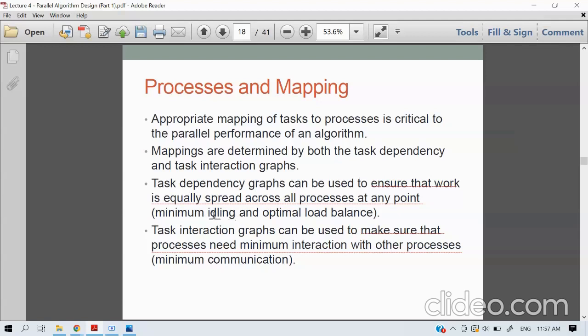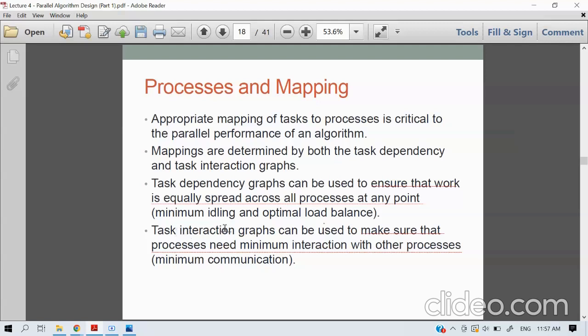You can reduce the idle time and also you can optimize the load balance. You can balance the task between each node. Okay, and then you can balance the data itself that need to be execute by the task that you have decomposed.